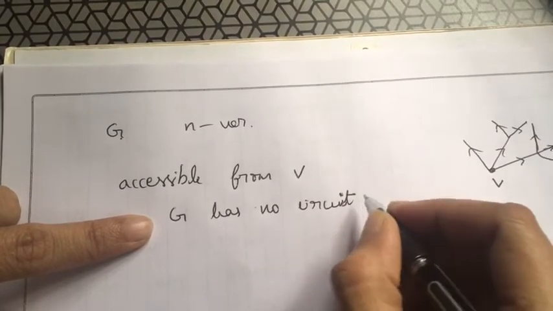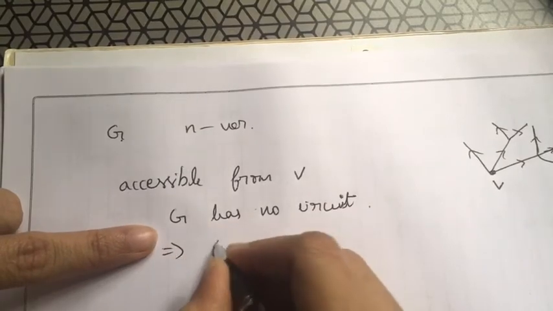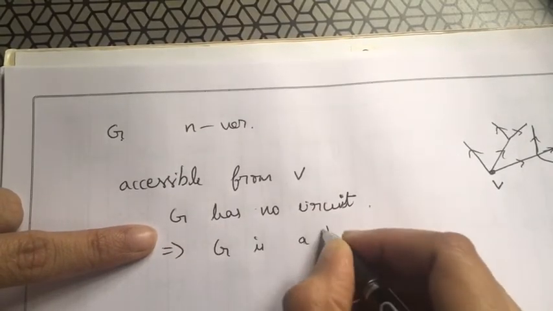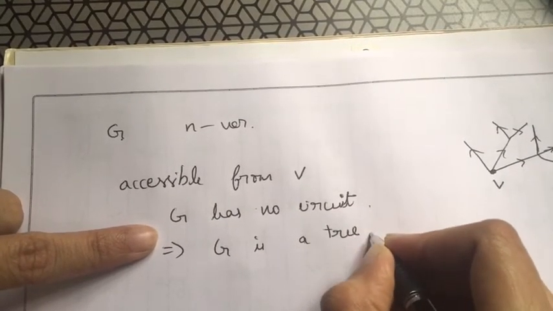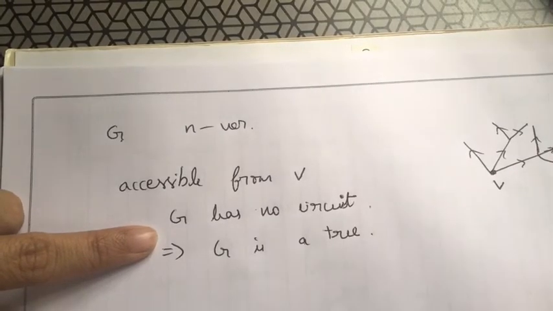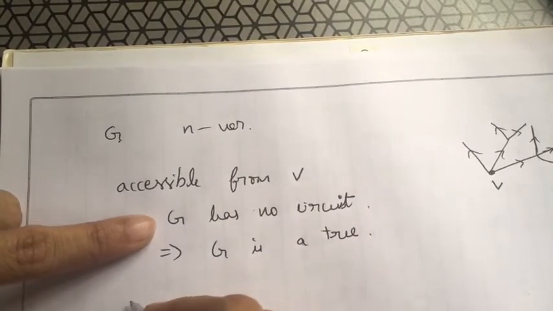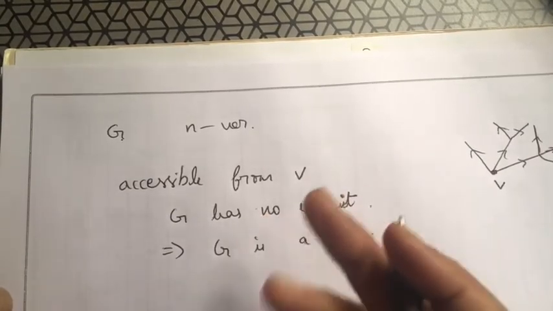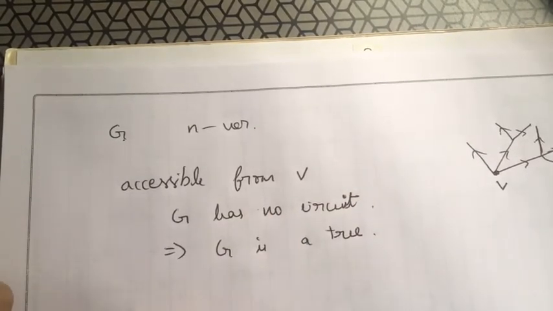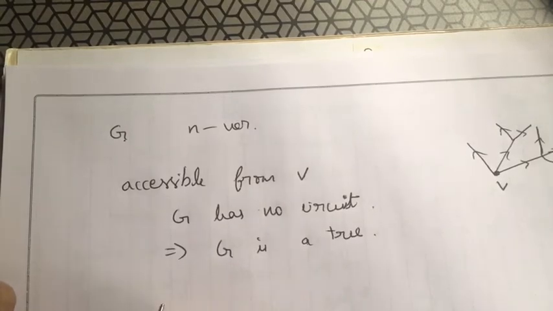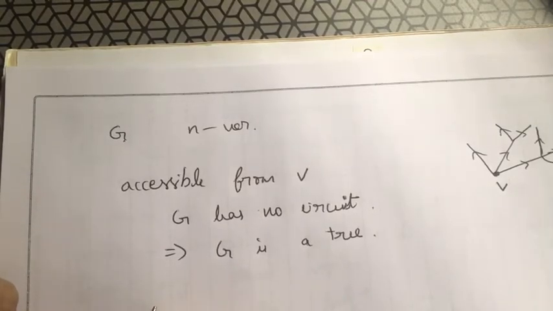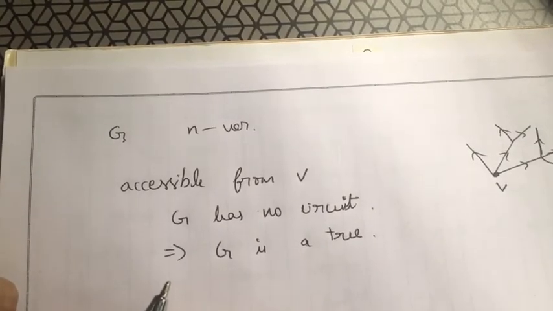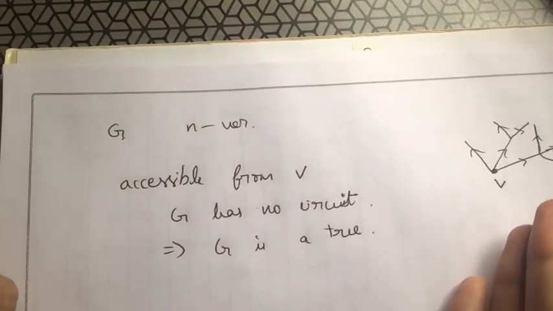So it has got no circuit. That means G is a tree, right? Now it's mentioned that every other vertex is accessible from V, and V is not accessible from any other vertex.